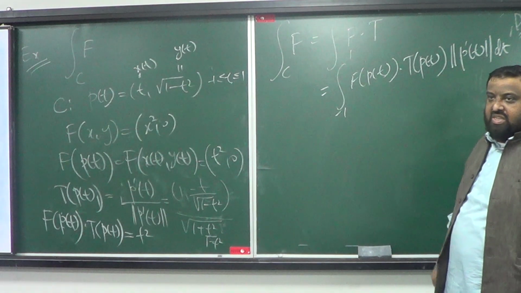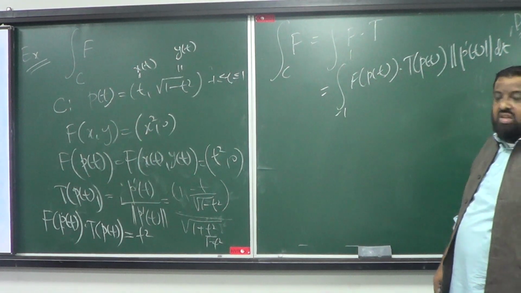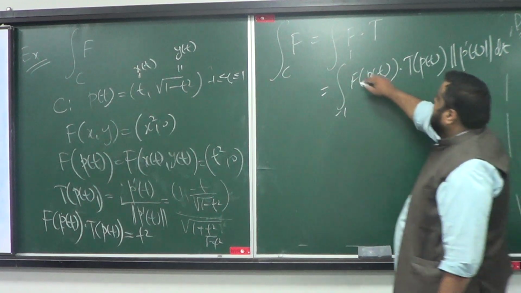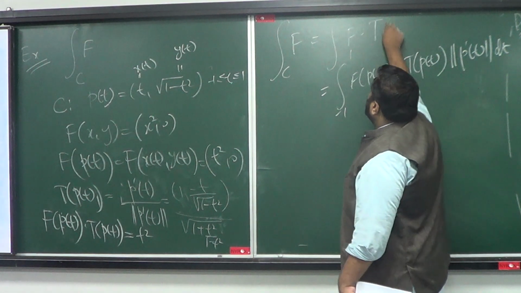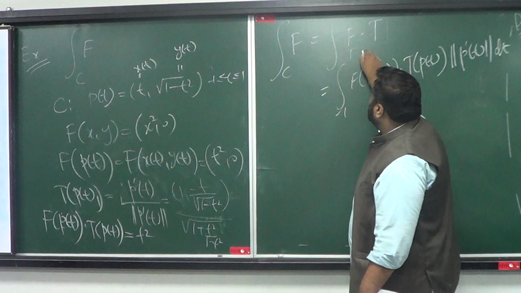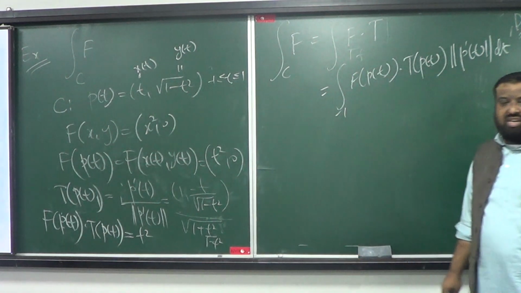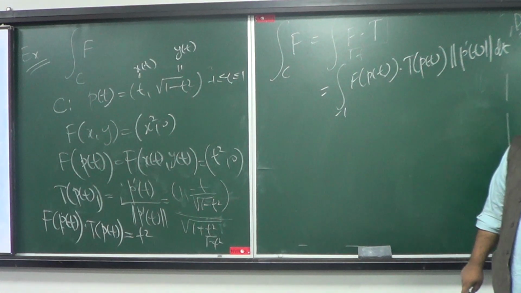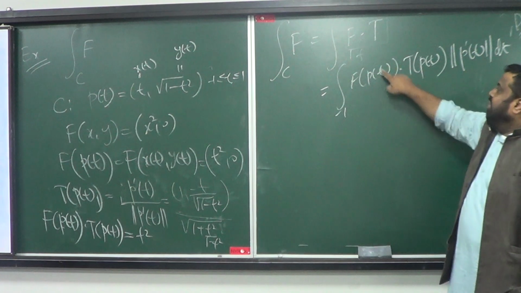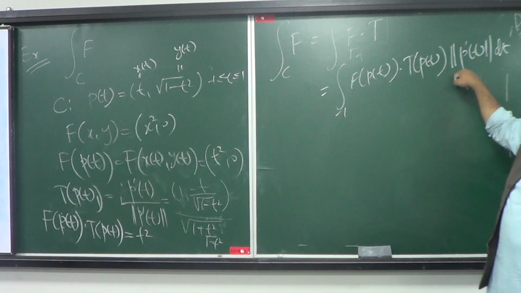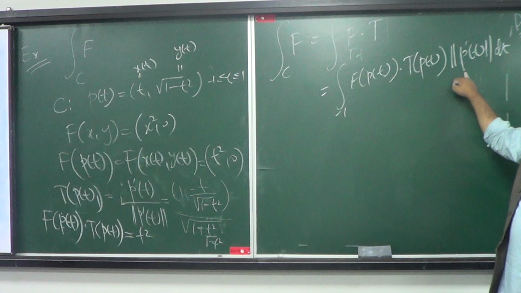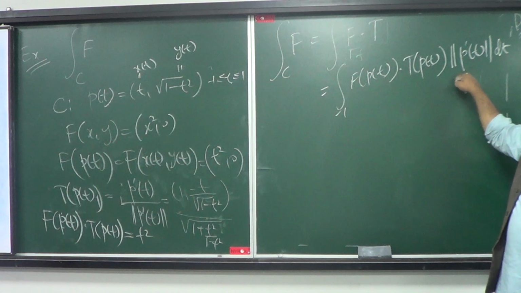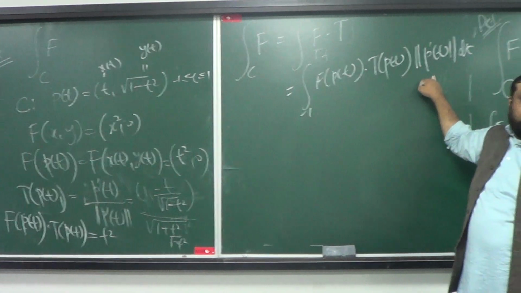That's a scalar field. This is my f, and I would like to integrate this f. So what am I going to do? I'm going to substitute P of t in my f and multiply with the magnitude of P prime of t, as per the definition.